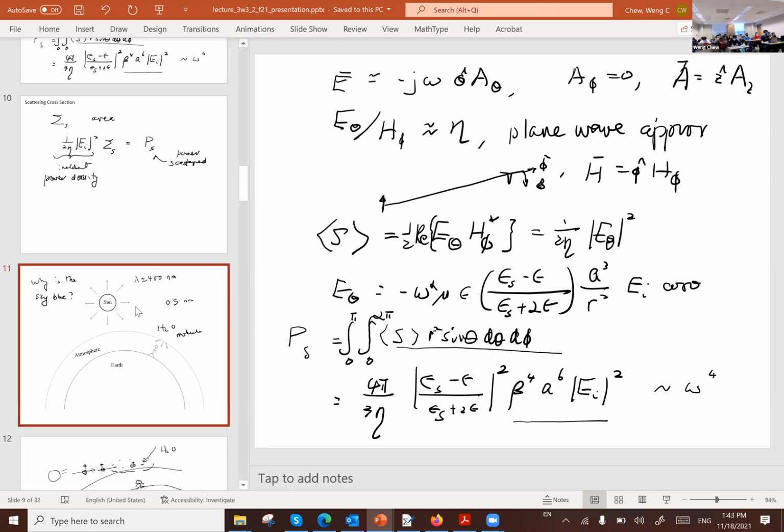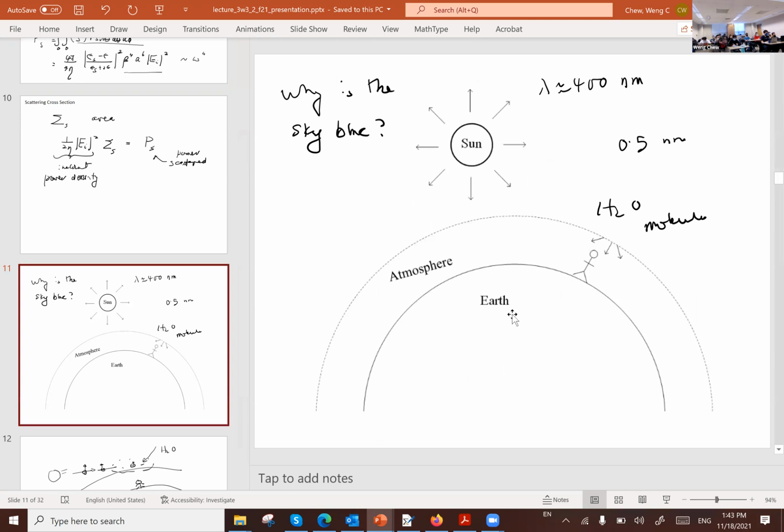For instance, if I look at this picture over here, the sun is a broad spectrum light source, but when the light is scattered by the atmosphere, high frequency scattering is larger than low frequency scattering. So the blue spectrum is scattered more.